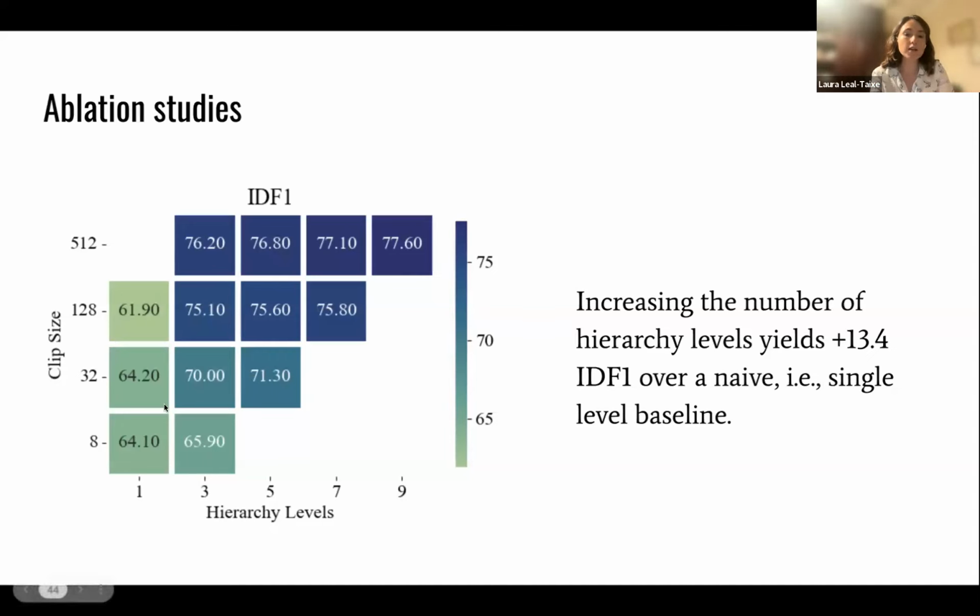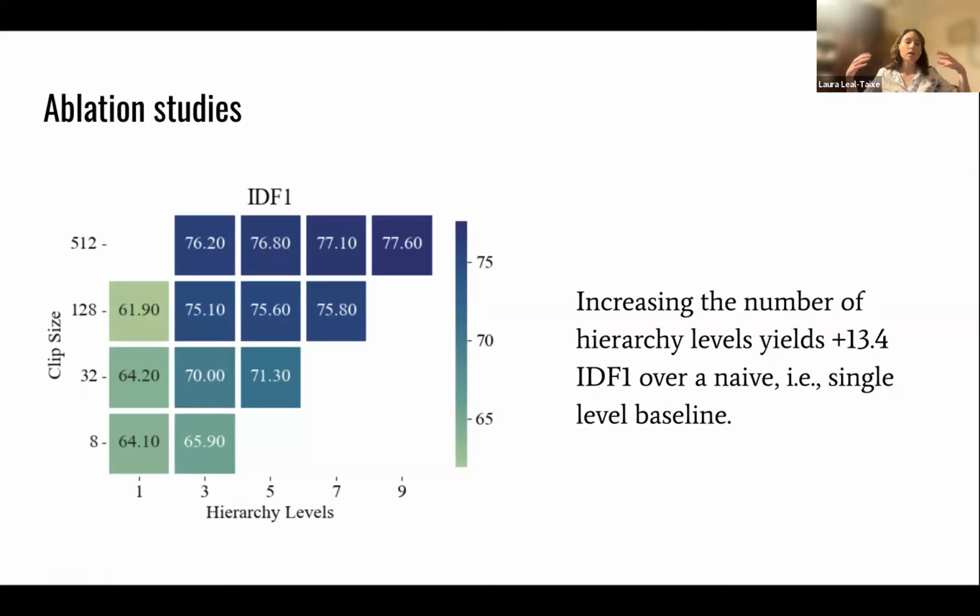Now, what happens when we go to hierarchy level 3? First of all, we see an increase in performance across levels. In general, it just works better for the same clip size. But the most interesting thing is that the performance keeps increasing as we increase the clip size, which was not the case for the monolithic graphs. So now we have a solution where we actually improve results as we increase the clip size, which is what we would hope.